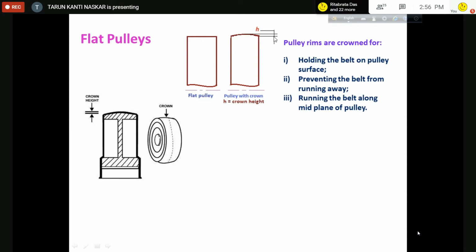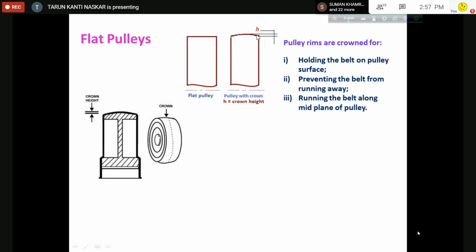So what is done on one side of the pulley? There are two pulleys. One pulley is crowned, not both pulleys. Now, if one pulley is crowned, what will happen? So this is the higher diameter at the crown height, and the belt say starts from this point to that point.